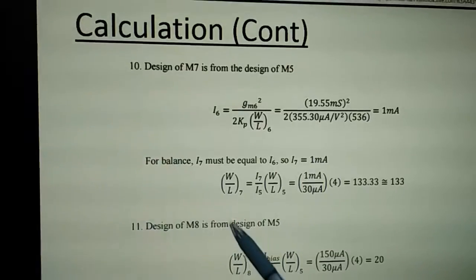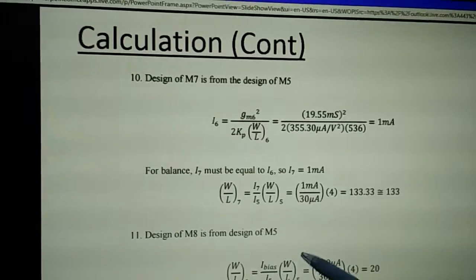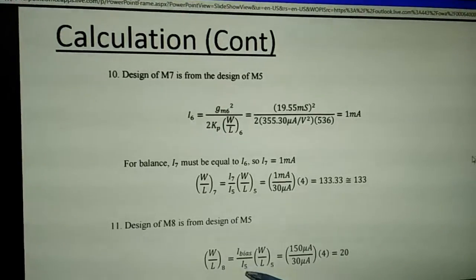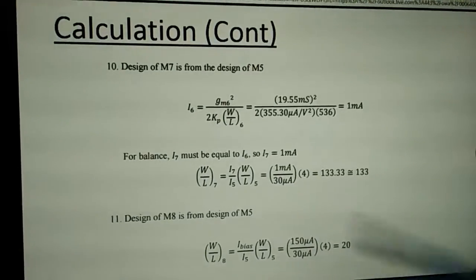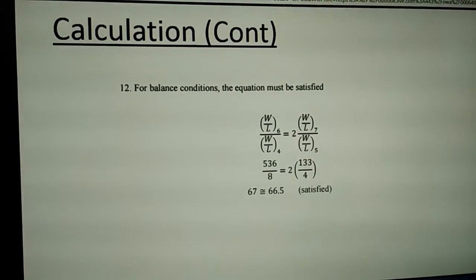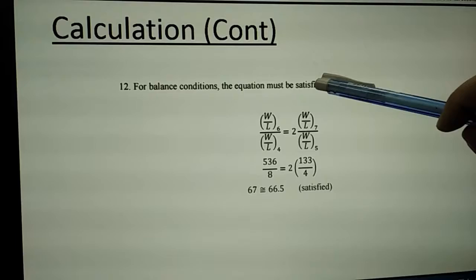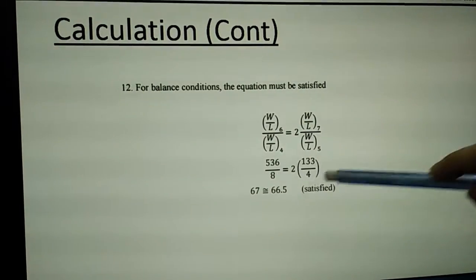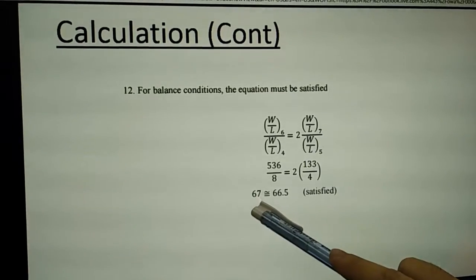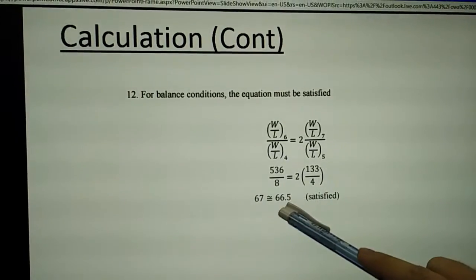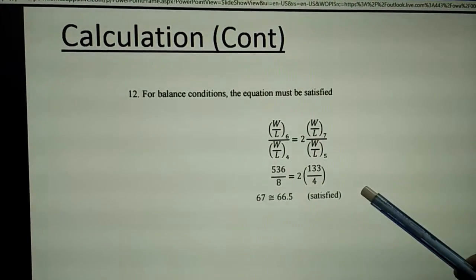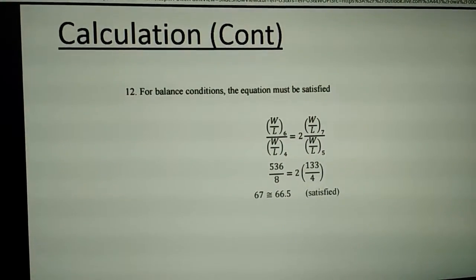M8 is derived from M5, so the aspect ratio for M8 is equal to 20. And then the equation must be satisfied for the balanced condition. Finally what we get is approximately 66.5. So it is satisfied. That means our calculation is correct.